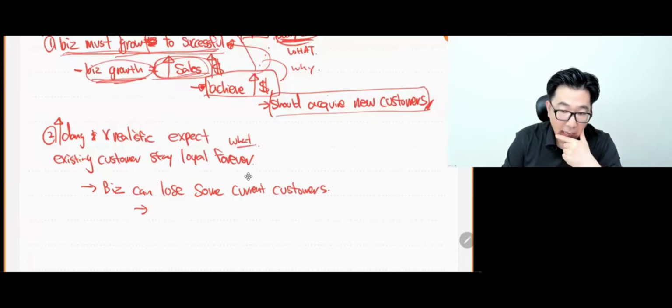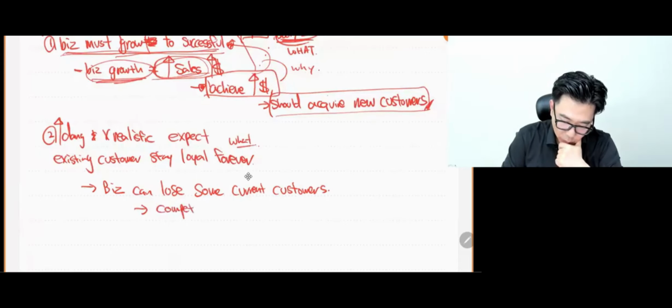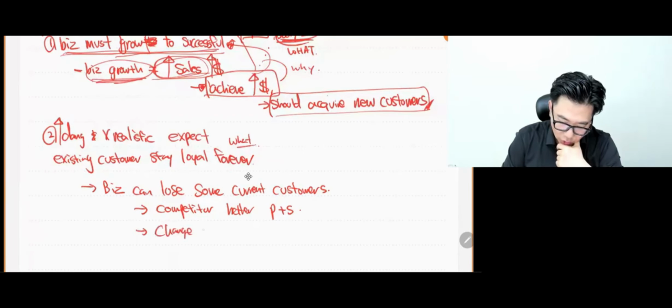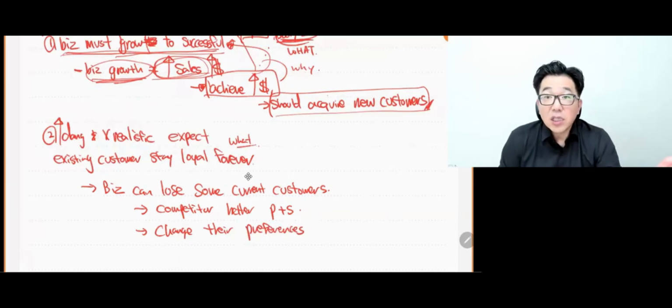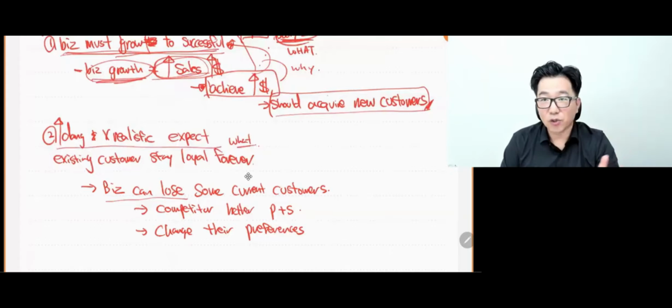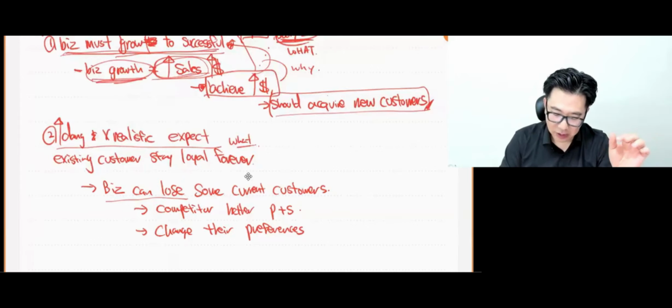Maybe competitors come up with better products and services, or simply customers may change their preferences, or even curiosity. Who knows? We don't know, but this can happen and this will happen in reality. So we need to be careful. We cannot just rely on our loyal customers too much. That's not a smart business strategy.